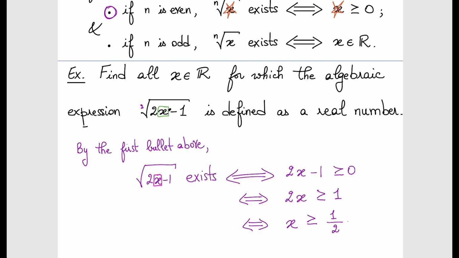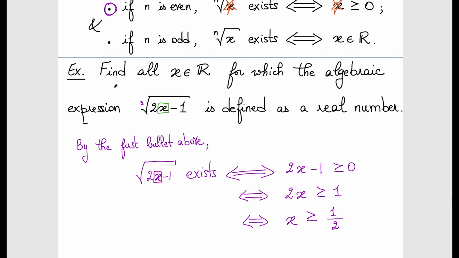The 0 and the -2 at the time did not work because they don't verify this inequality. 0 is not greater than or equal to half, and -2 is not greater than or equal to half. So those are the only guys that you can plug in here for this to exist. And the if and only if guarantees that there are no more than those guys. So what are all the x? They are all the numbers that are half or more.